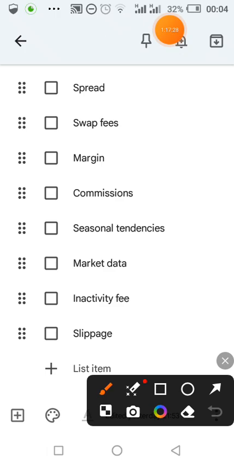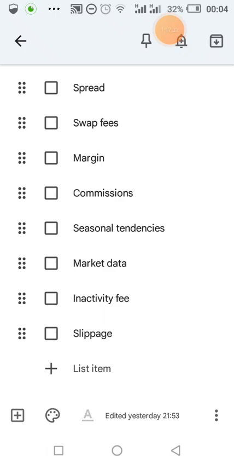And then the next trading cost or expense is slippage. So remember, slippage is what I told you, that is just the difference from the price that you instructed your trading platform to open your trade at to the price at which your trade is actually opened. Some trades may have slippage, some trades might not.